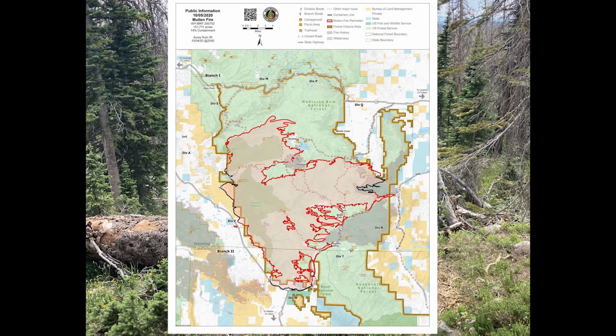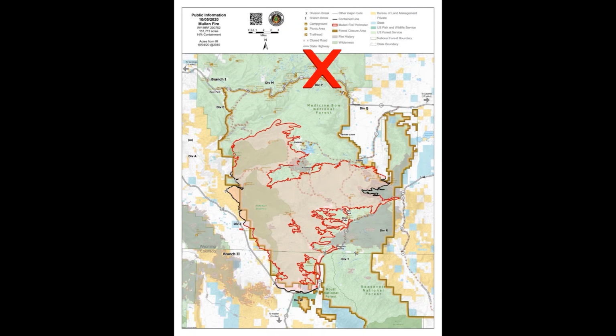It wasn't a good sample, because what you see here in the red is the burned area as of today, October 5th, of the Mullen fire that is less than 9 miles away from where I took that sample.